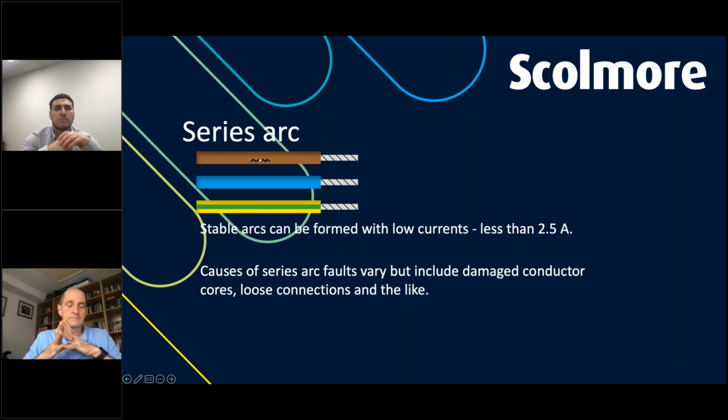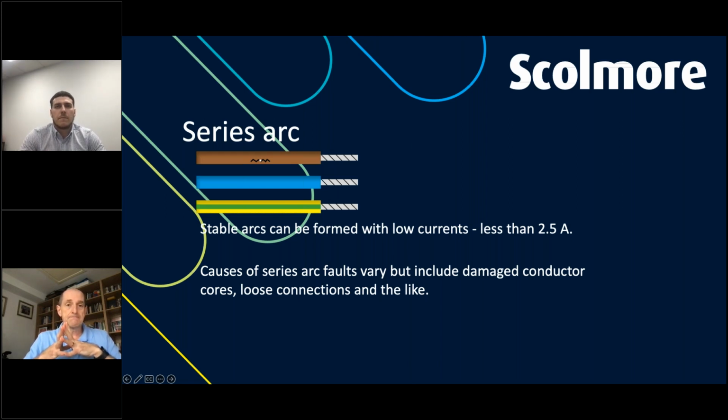However, when you start plugging things back into that circuit, doesn't matter what socket outlet it is, it does then become that series fault again. So that cord that we see coming off the flex would then generate that series arc. Yeah, so that would be protected by the AFDD.